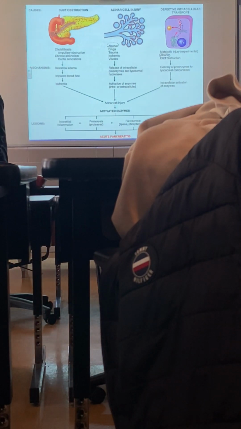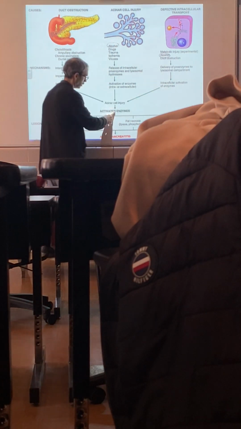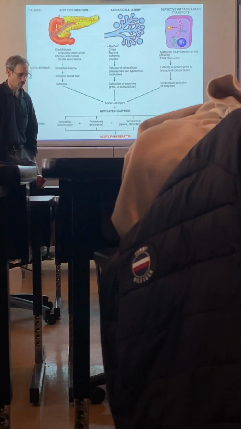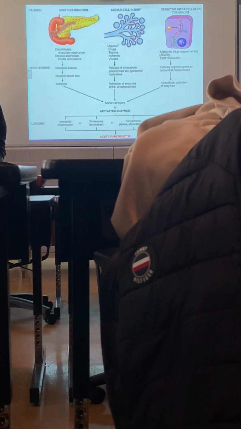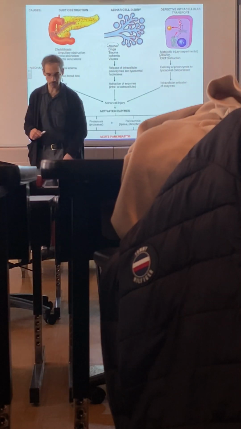The lysosomal enzymes will cleave and activate the prozymes. And so again, you have premature activation, all of which culminates again in acute pancreatitis. So there are many different things that can cause acute pancreatitis, but the ultimate mechanism of activation of those prozymes is usually one or more of these three possibilities.